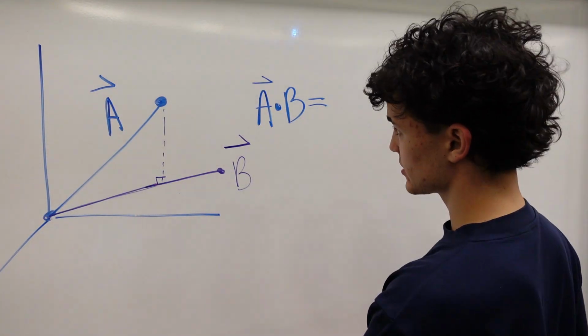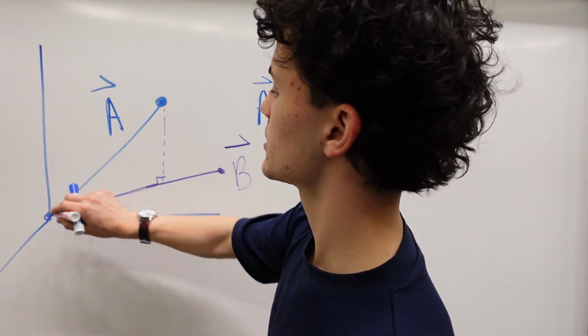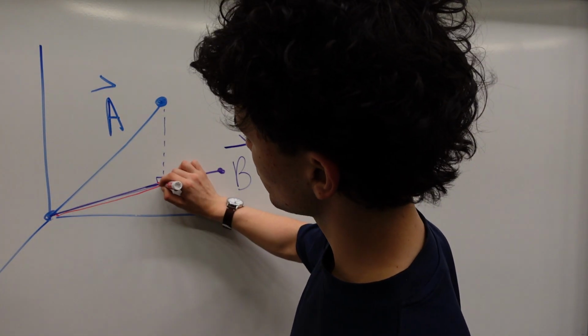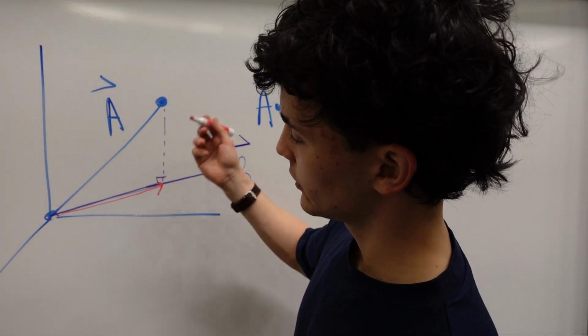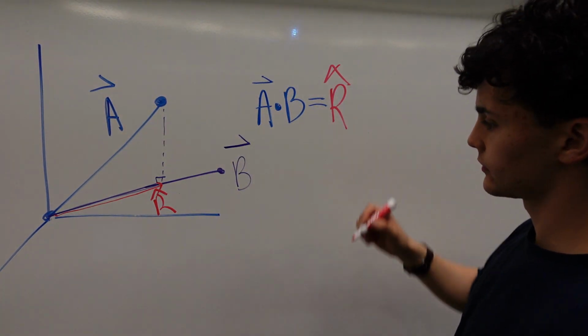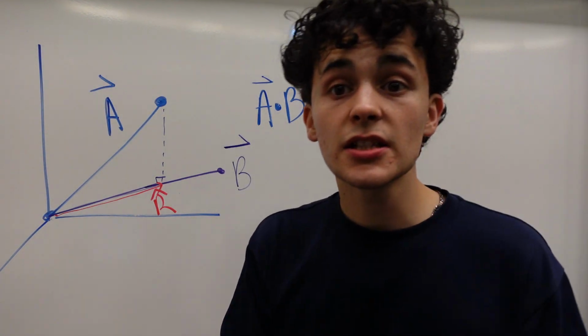So we can label this as something like, we can call this component over here, we can call this section, we can call this some resultant value r, and so A times B is r. And that's as straightforward as it gets.